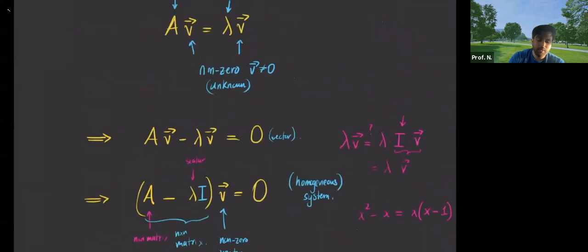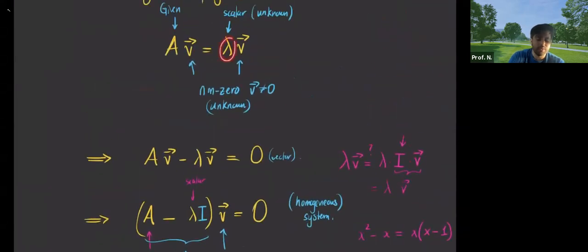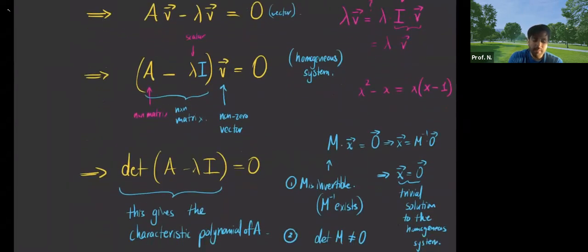Like I said, we started with an equation with two unknowns. That's a problem. Well, it came to a point where finding the eigenvector is not so necessary at the moment, because having a non-zero vector in this homogeneous system is equivalent to saying that the determinant of this matrix is 0.